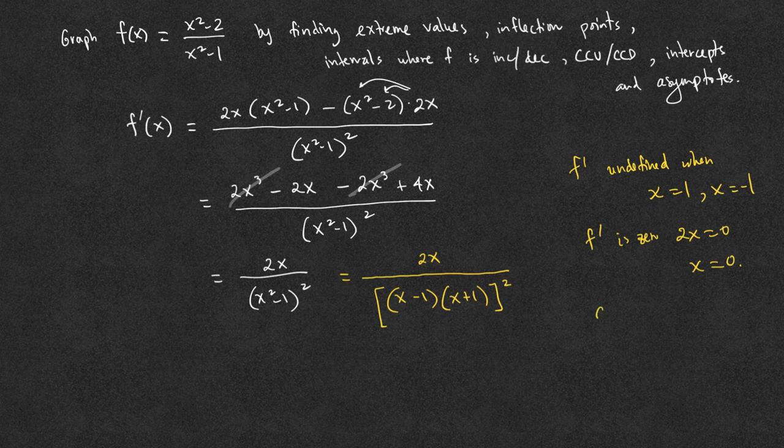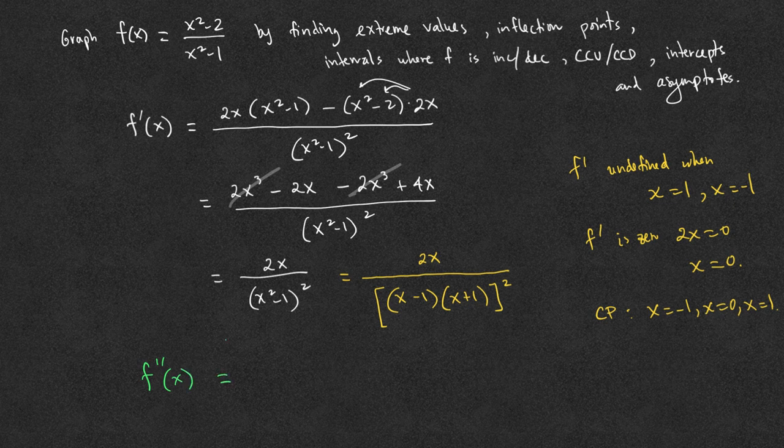And so we found three critical points: x equals negative 1, x equals 0, and x equals 1. We will do something with these critical points in a minute, but next we find the second derivative.